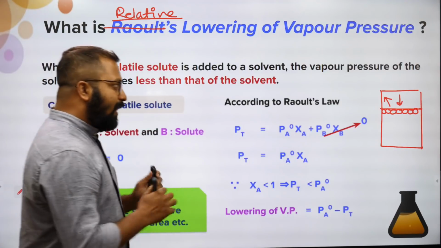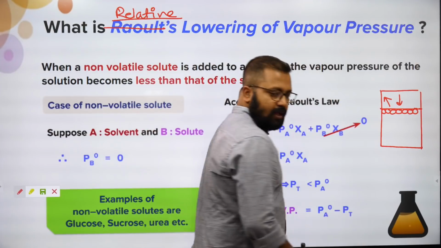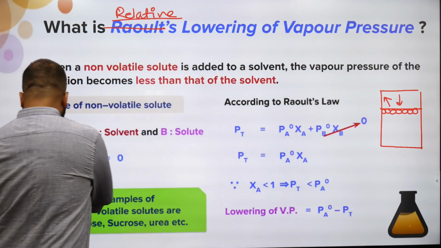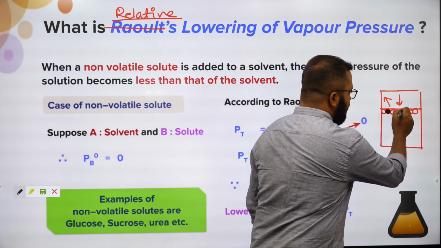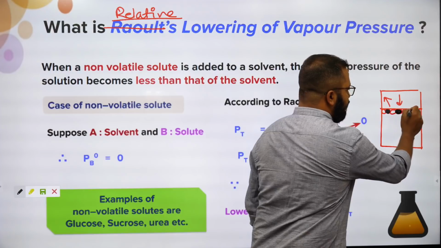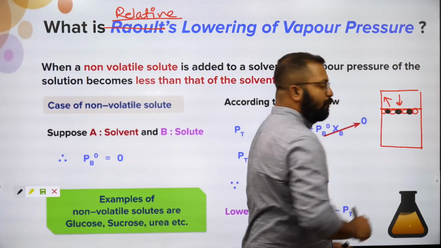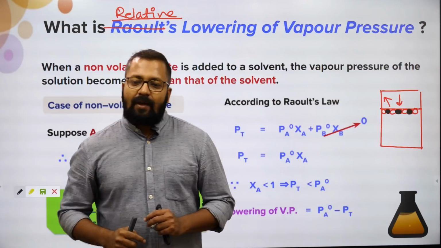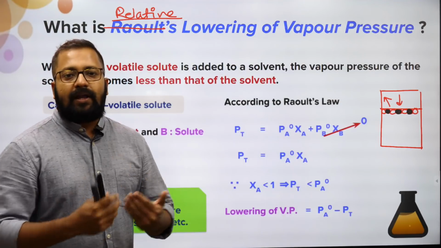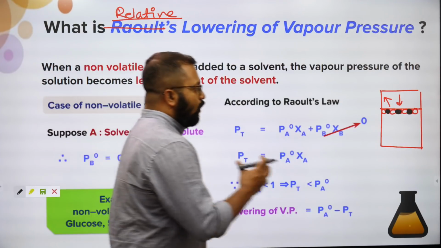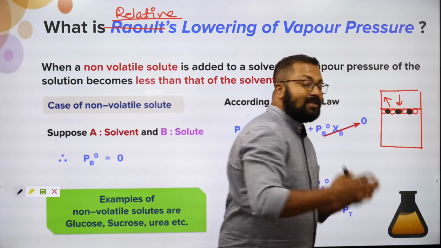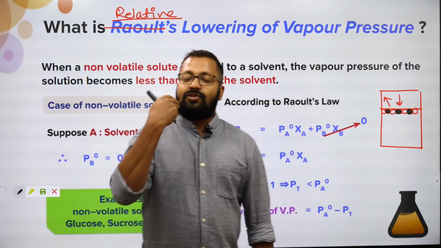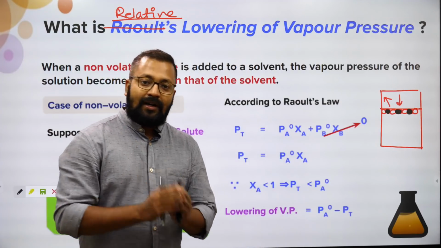But in a scenario where we have some solute particles, these solute particles would not evaporate, and if these solute particles do not evaporate, what we would observe is the amount of solvent molecules present on the surface decreases, and so the vapor pressure decreases.